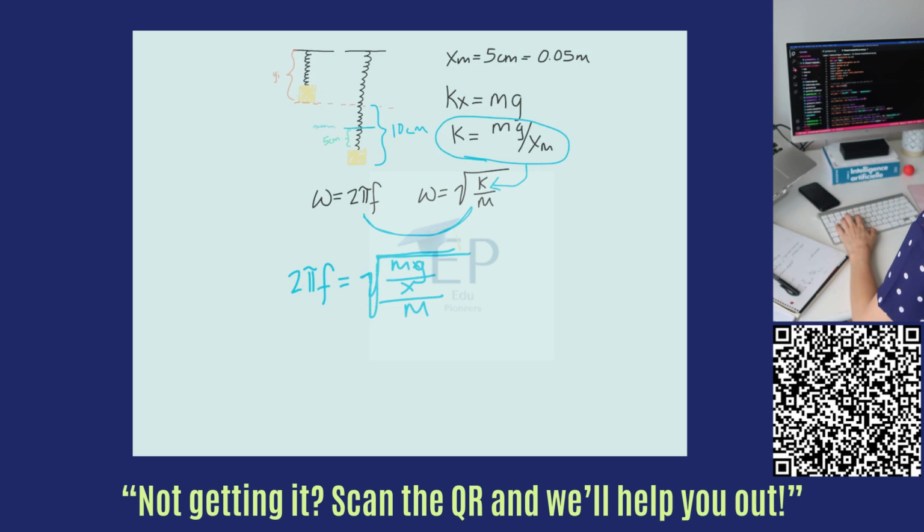So in this case, our masses are going to divide out, so we can rewrite this equation as 2 pi f equals the square root of gravity divided by our displacement.